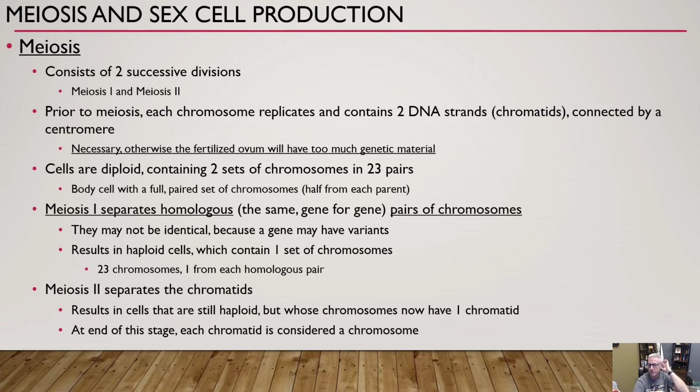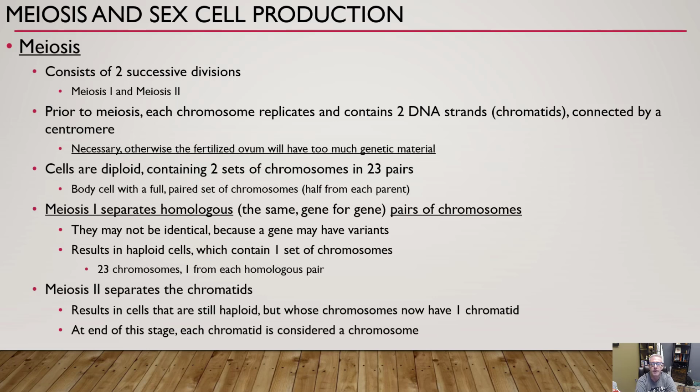And if you remember, the spindle fibers that come out of the centrioles are going to attach at the centromere. And we do this because otherwise that fertilized ovum will have too much genetic material, which we'll talk about a little bit later.